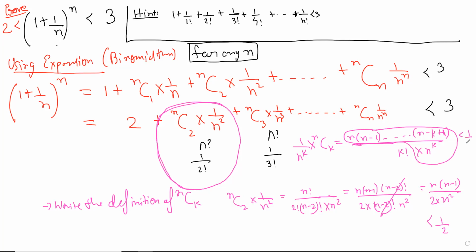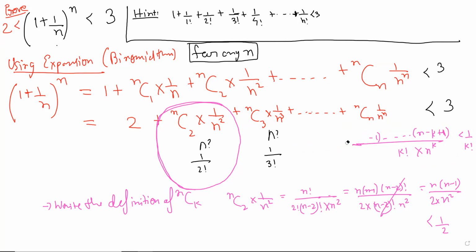Then this is less than 1 by k factorial. You see, last time we just ignored the k factorial. We kind of didn't use it. But now if you use it, then you get less than 1 by k factorial. So you see, it's just the same method, but just a more closer analysis.